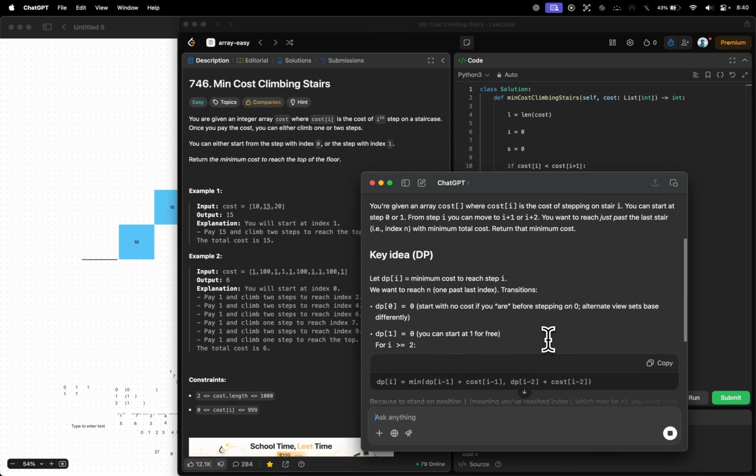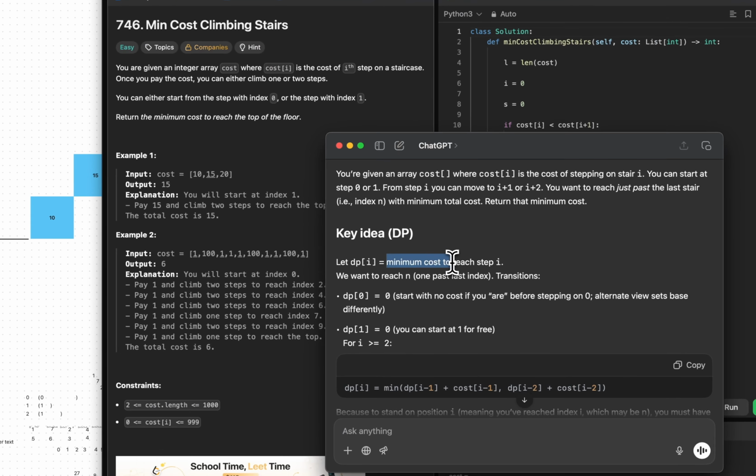The key idea is it's a DP problem. Let DP be the minimum cost to reach the step i.